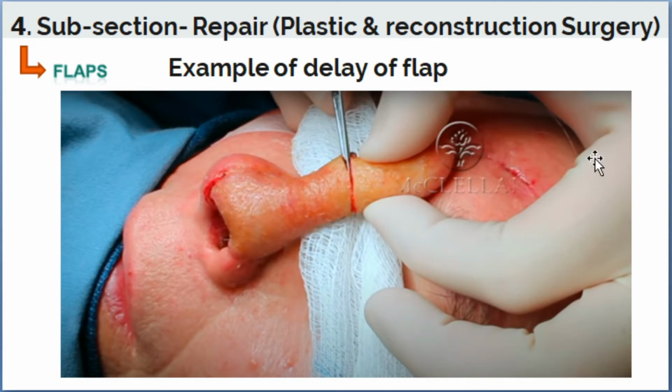So for this previously created flap, the physician will perform a delay of flap procedure. The physician will divide the flap by incising it at the donor site from its base and sutures the remaining portion of the flap to the donor site and completes the inset of the graft at the recipient site, and then he closes both sides in layers.